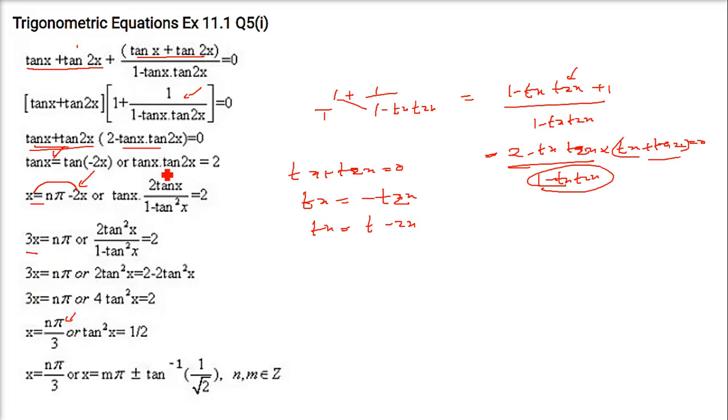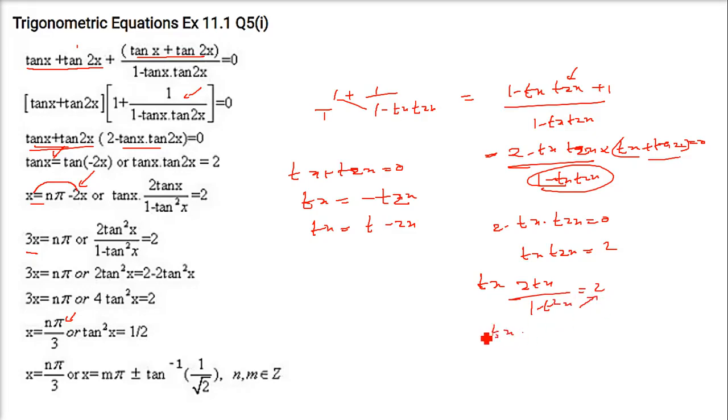Now coming to this side, this is what we got, 2 minus tan x tan 2x is equal to 0. So tan x tan 2x is equal to 2. Now tan x is this one, tan 2x can be written as 2 tan x by 1 minus tan square x, equal to 2. Right? So bring this here.